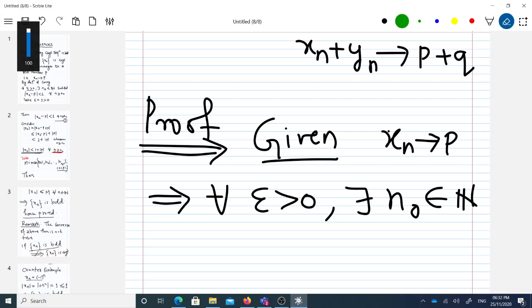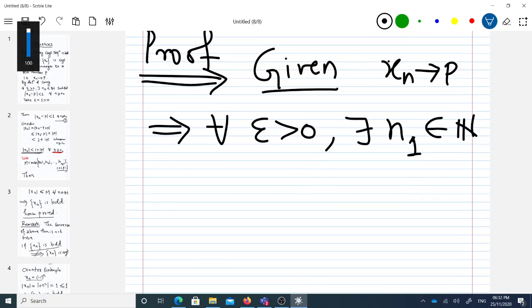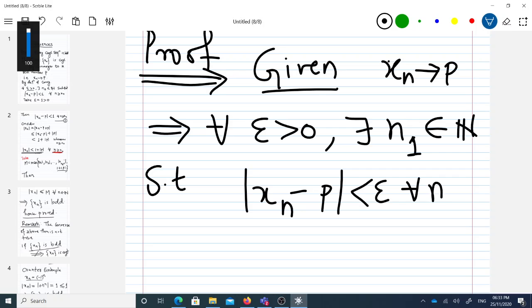But I have yn also, so for yn also I would be using n naught. So instead of n naught I will say n1 and n2. There is n1 belongs to natural number such that mod of xn minus p is less than epsilon for all n greater than or equal to n1. Let me call this number 1.